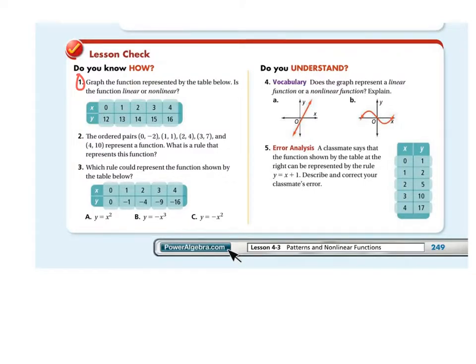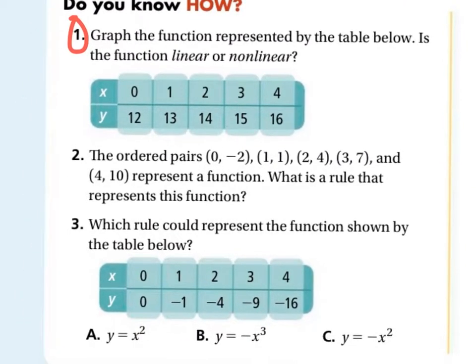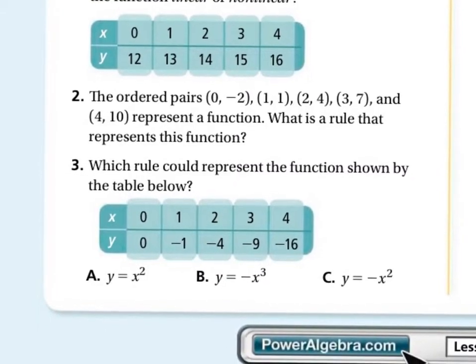On page 249, the lesson check number 1 says to graph the function, and is the function linear or nonlinear. So it did say to graph it, so we'll go ahead and do that. And then it's asking linear or nonlinear.